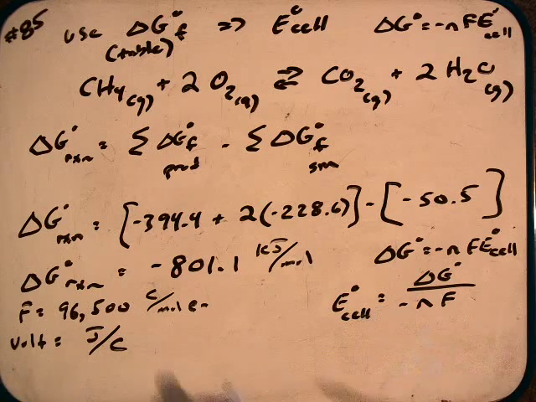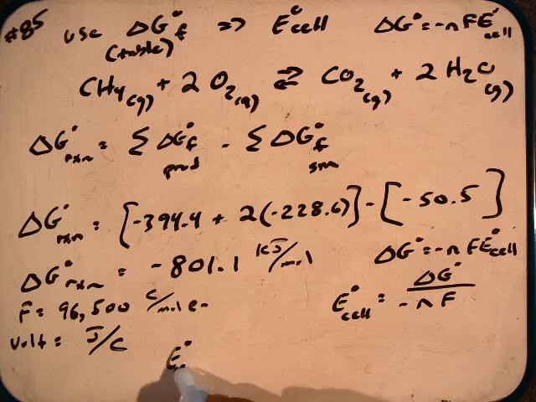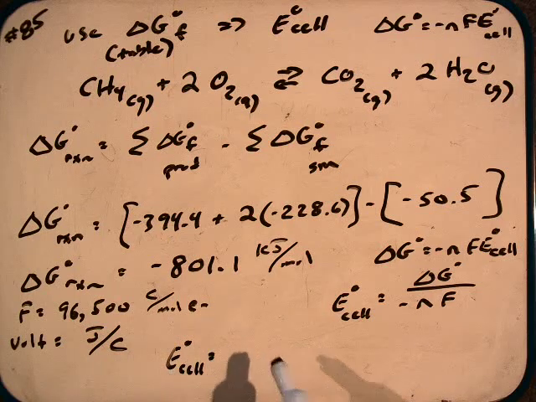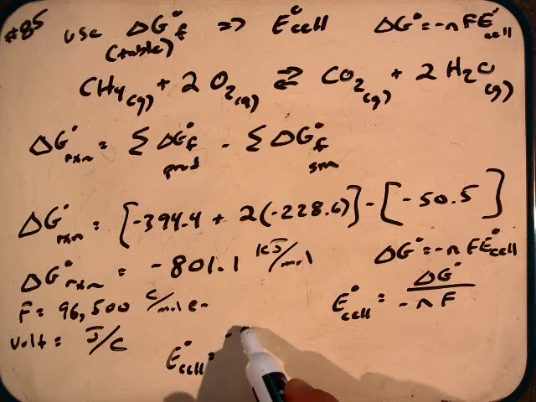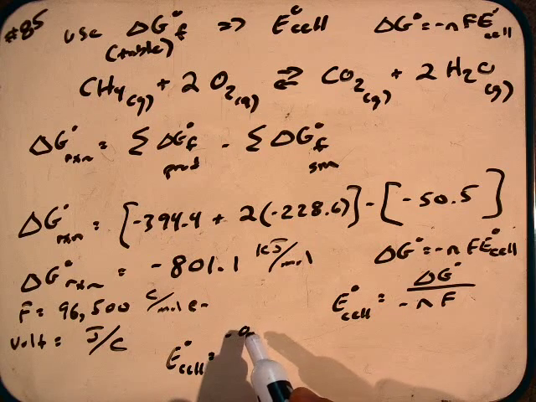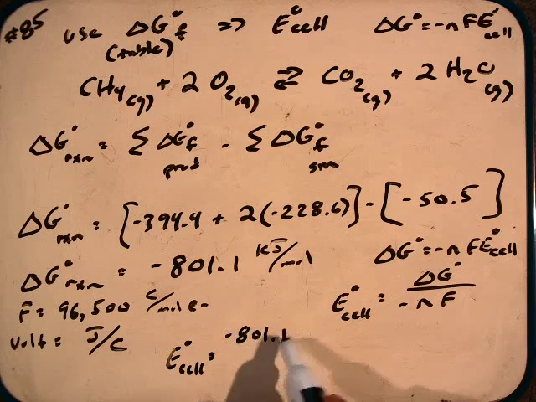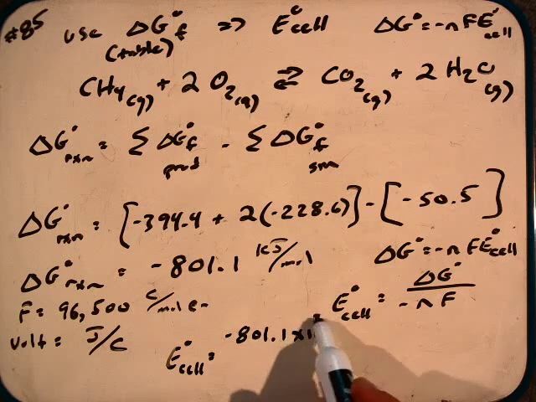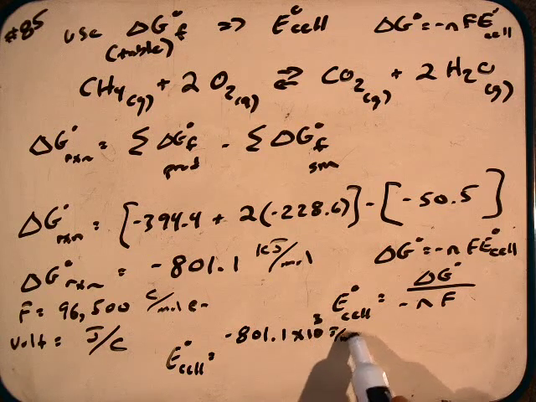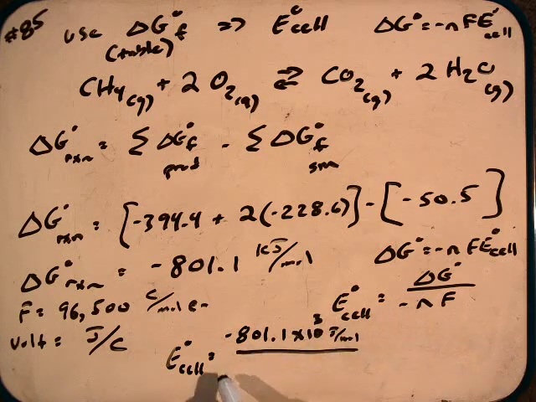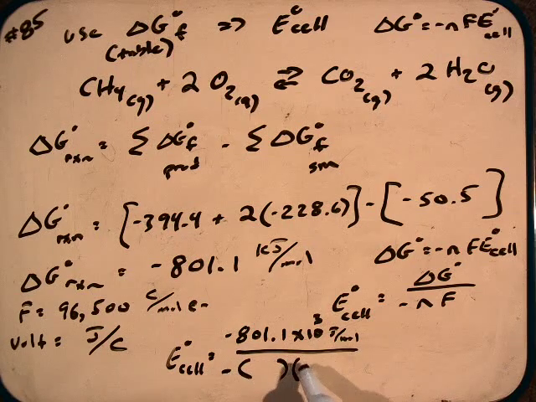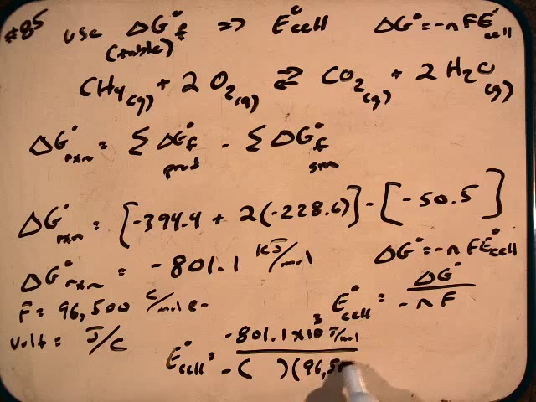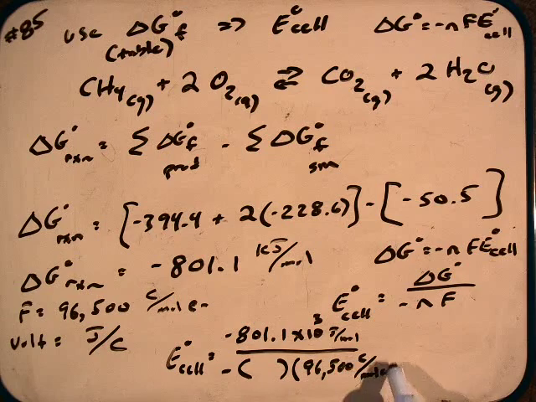So when we solve for this cell potential, that cell potential is going to be negative 801.1 times 10 to the third joules per mole over negative N, and we'll come back to that, and then we have the 96,500 coulombs per mole of electrons, which will ultimately give us our answer.